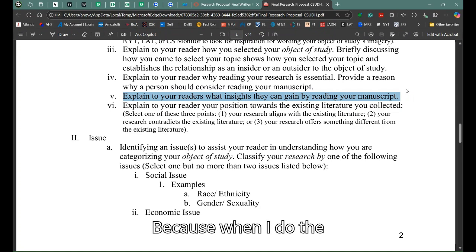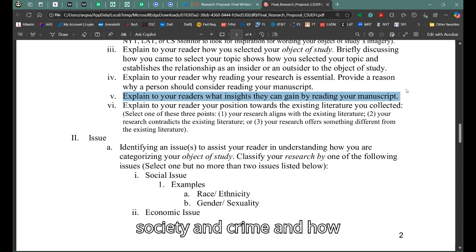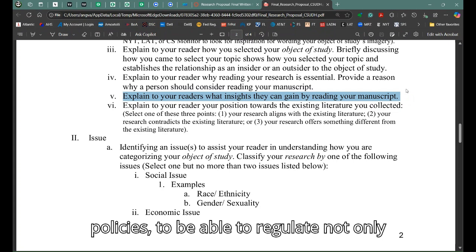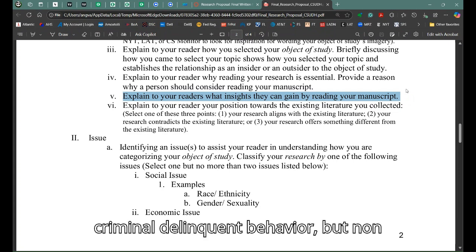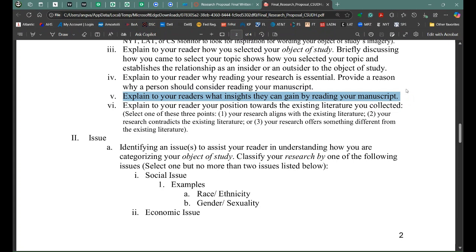Right? Because when I do the example essay, I picked the topic that looks at society and crime, and how crime, or the understanding and fear of crime, has been used to tailor social policies to regulate not only criminal or delinquent behavior, but non-criminal and non-delinquent behavior.